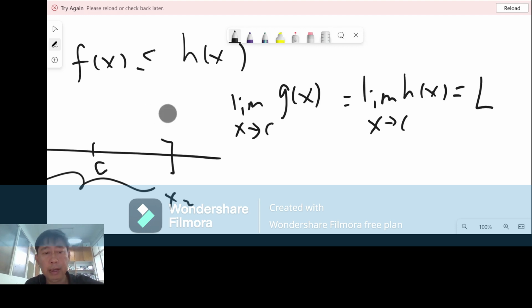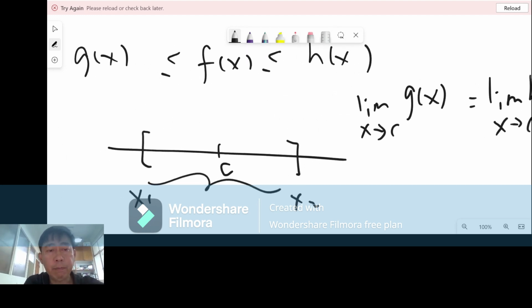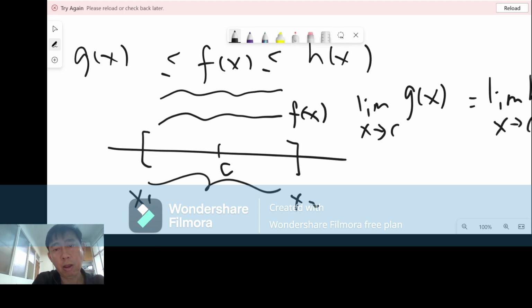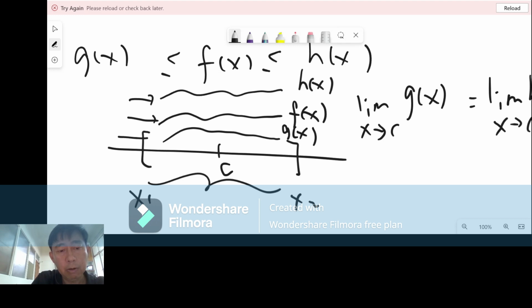Okay, then if you represent this situation on a graph, you have f here, then h is always lying above f, and g is always lying below f. So these are the relative relationships between h, f, and g.